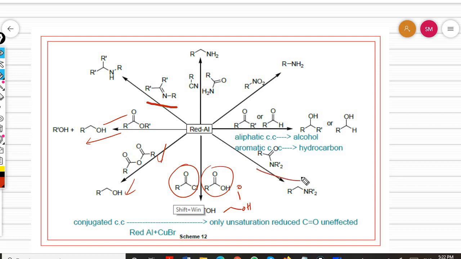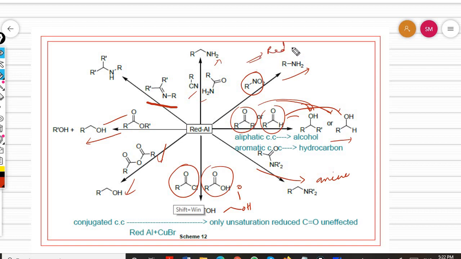Amides are converted into amines. Carbonates are converted into alcohols. Aldehyde gives a primary alcohol, ketone gives a secondary alcohol. Nitro compounds are converted into amines. This is the basic reducing nature of Red-Al, much similar in strength to lithium aluminum hydride.